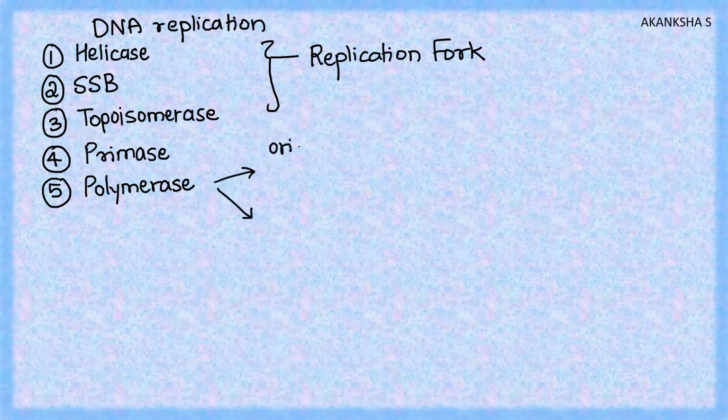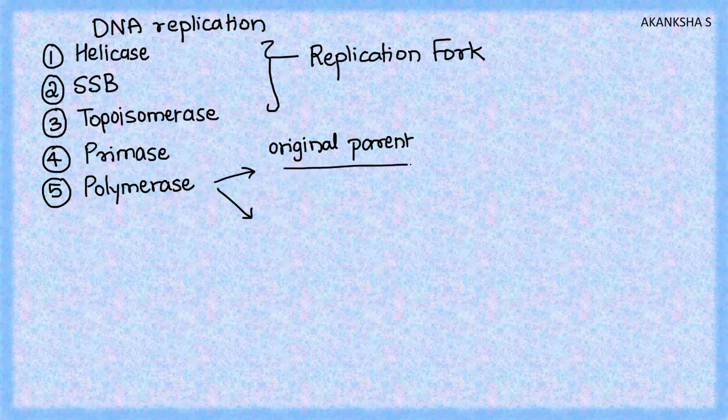Let's say the original parent strand is this. And the baby DNA is what we will be drawing. So let's say the original parent is going 5 prime to 3 prime and another original parent is going 3 prime to 5 prime.